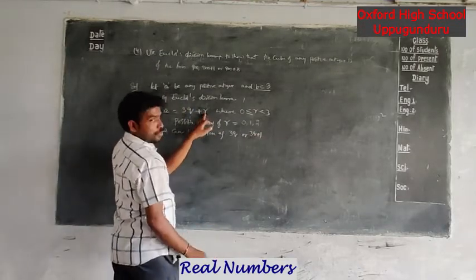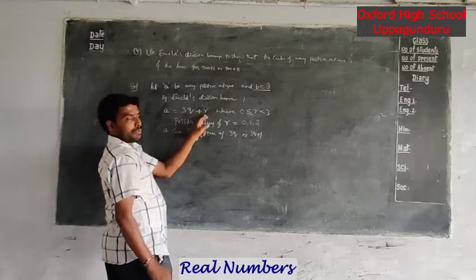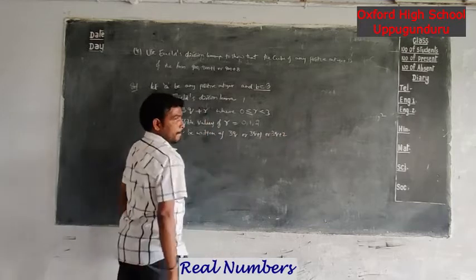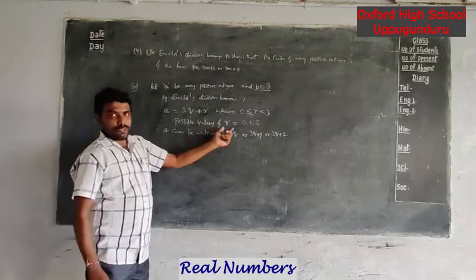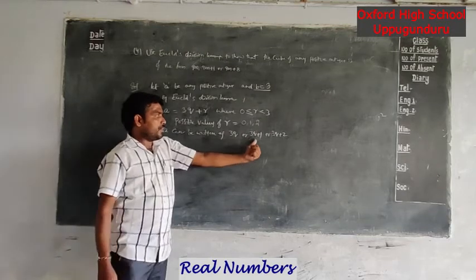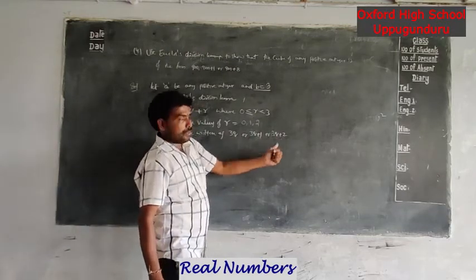If the remainder is 2, the a value is 3q plus 2. So when the possible values of r are 0, 1, 2, then a can be written as 3q or 3q plus 1 or 3q plus 2.